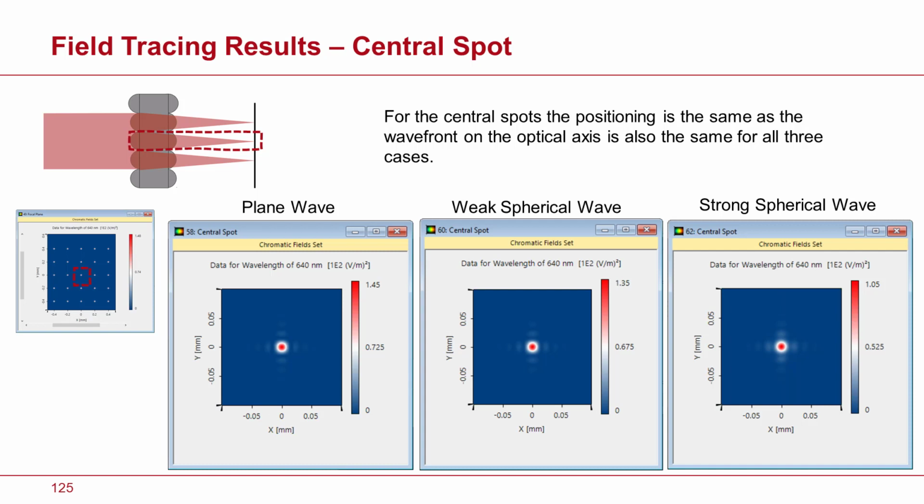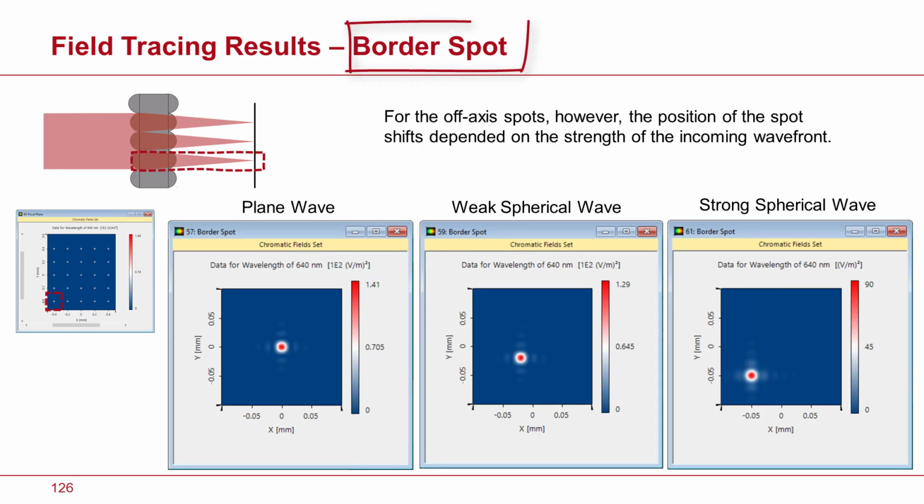And so, depending on which microlens pair we're looking at, the corresponding focal spot will deviate more or less from its central position, depending on the inclination of the beam, or rather the gradient of the wavefront at that position, rather than the curvature, the gradient.